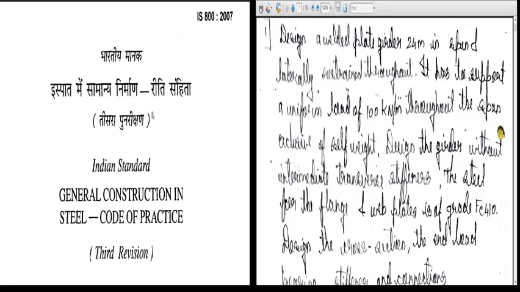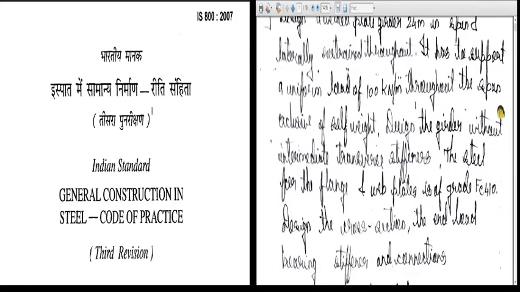It has to support a uniform load of 100 kilonewton per meter throughout the span, exclusive of self weight. That means leaving the self weight, it is carrying a UDL of 100 kilonewton per meter for the span of 24 meters. Design the girder without intermediate transverse stiffeners.